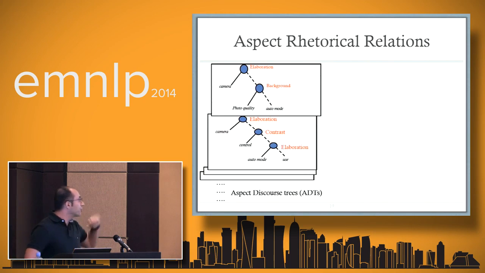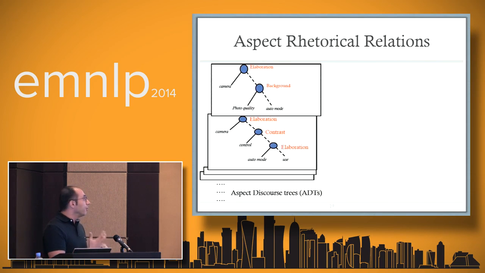But aspect discourse trees are kind of noisy because we are using automatic methods for discourse parsing. In order to reduce this noise, we aggregate all these aspect discourse trees together.